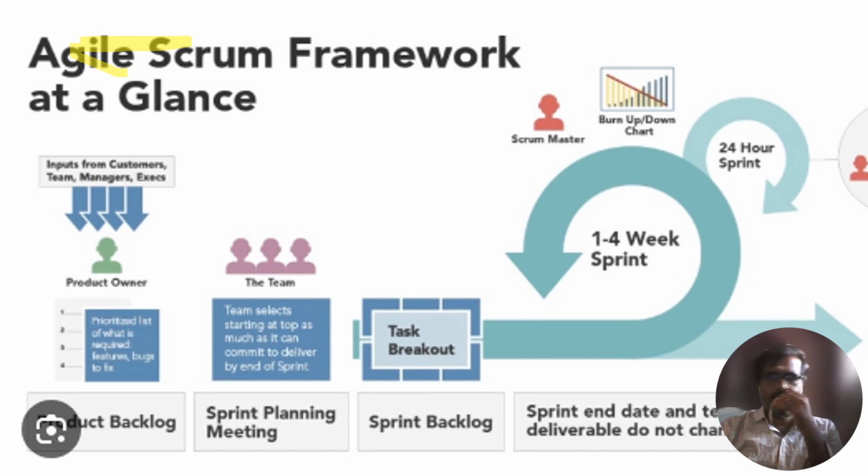How the events are defined in Scrum and their purpose, the different artifacts in Scrum, and the chronology of events in Scrum: which event comes first, which event follows the first event, and the last event. These are the important factors to be discussed in this video.